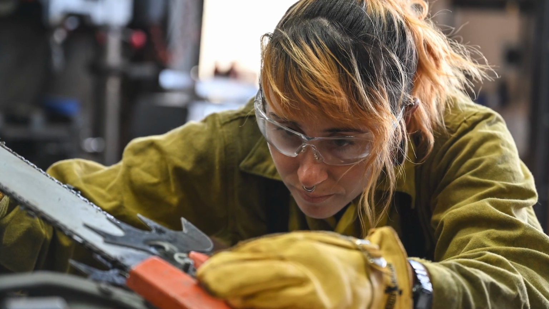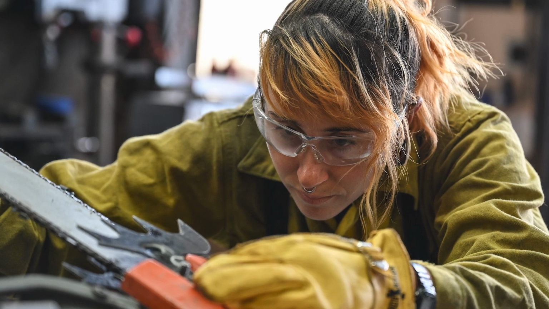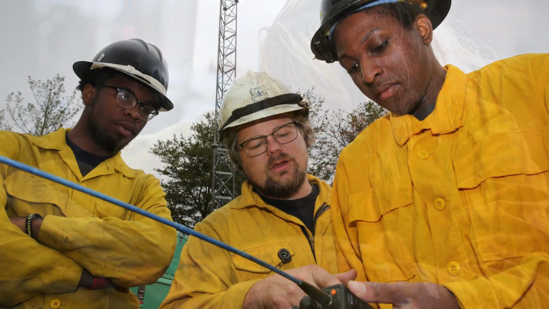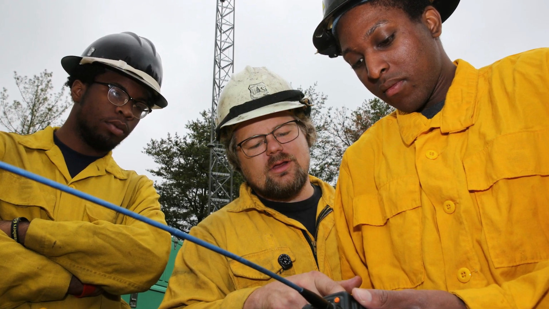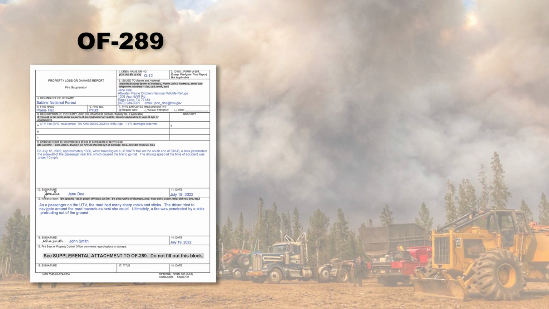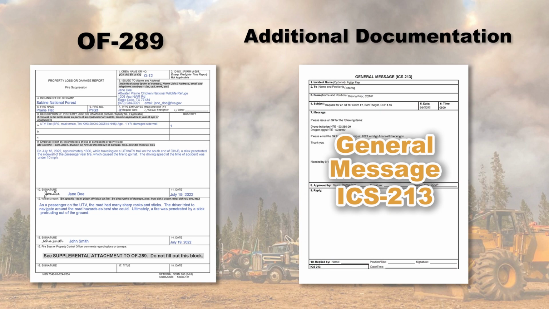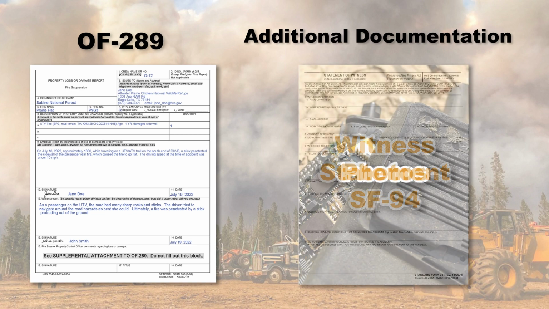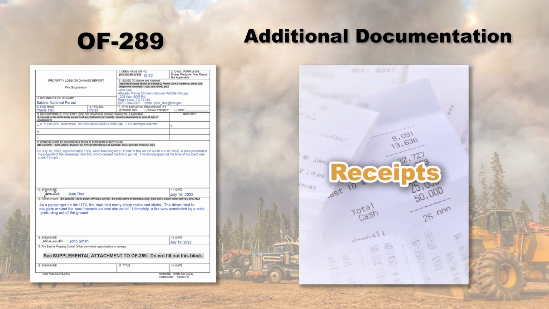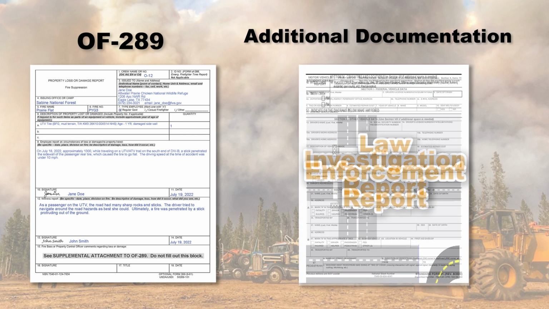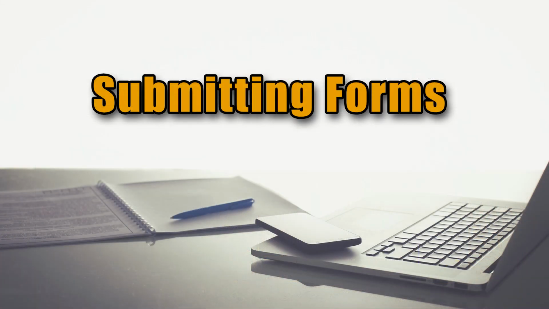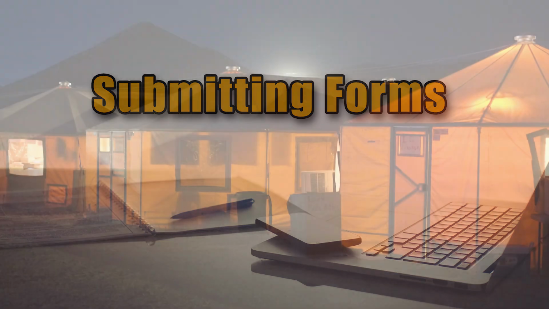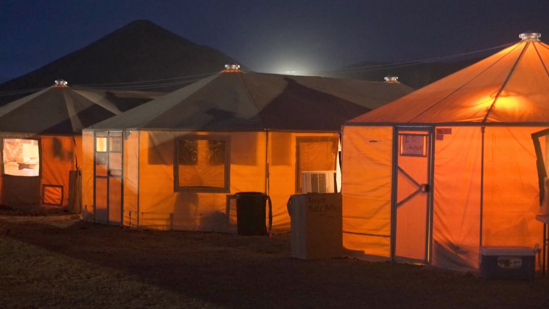These may include any of the following: indication of region, subject matter expert SME recommendation, signatures from supervisors, operations, ordering, etc. Additional documentation that should be presented with the completed OF-289 include general messages, witness statements, photos, receipts, investigation reports, law enforcement reports, etc. Once the claimant has gathered all the necessary materials and signed the claim form, it must be submitted to incident personnel as soon as possible.